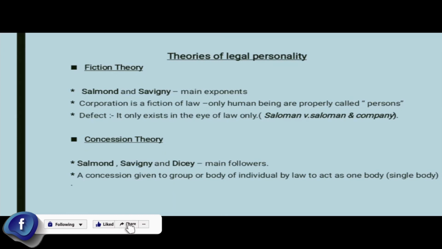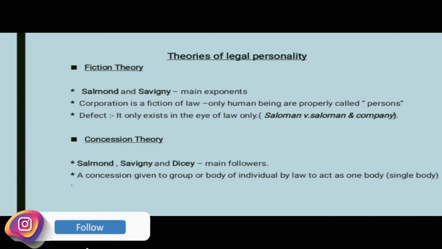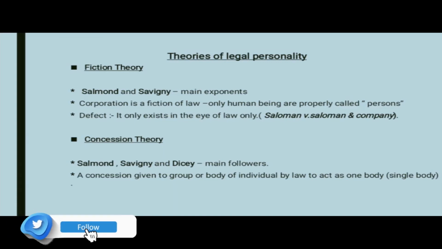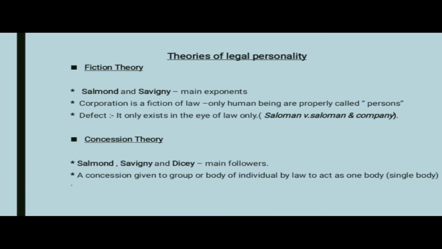According to this theory, a juristic person has only a fictitious will, and it cannot commit a crime. The main defect of the theory is that it only exists in the eye of the law. Solomon versus Solomon and Company clearly mentions this, so we have to get a clear idea about this theory.